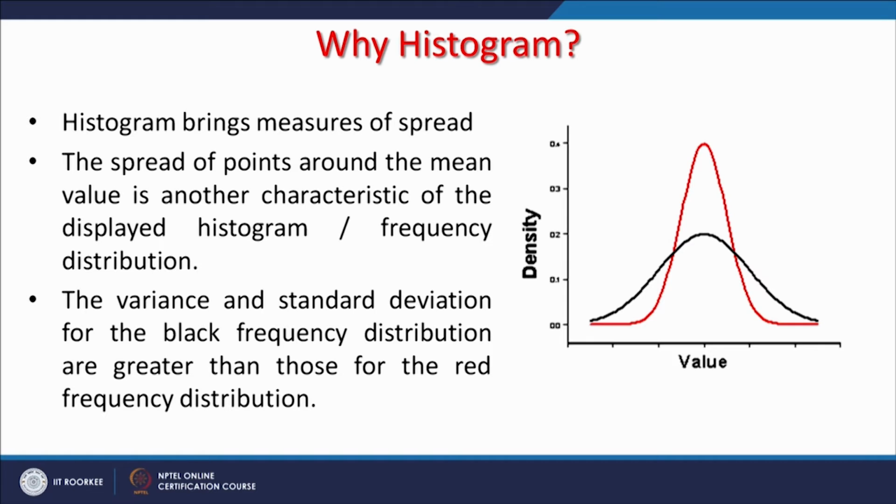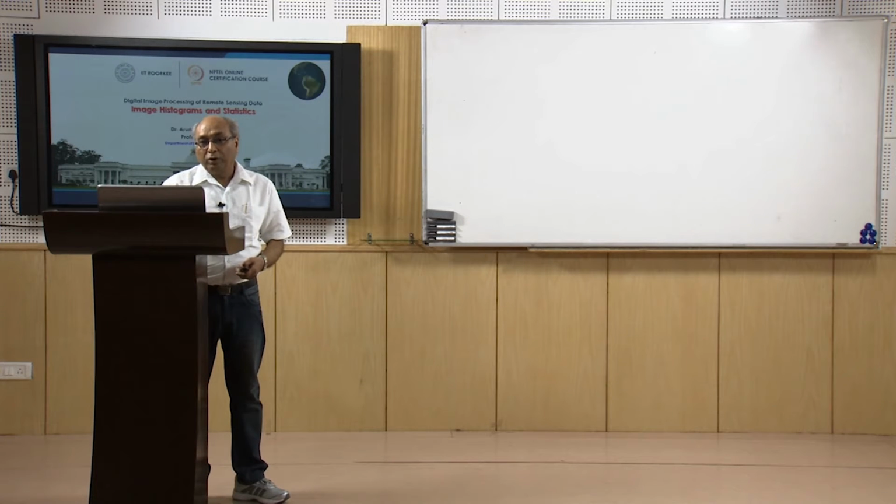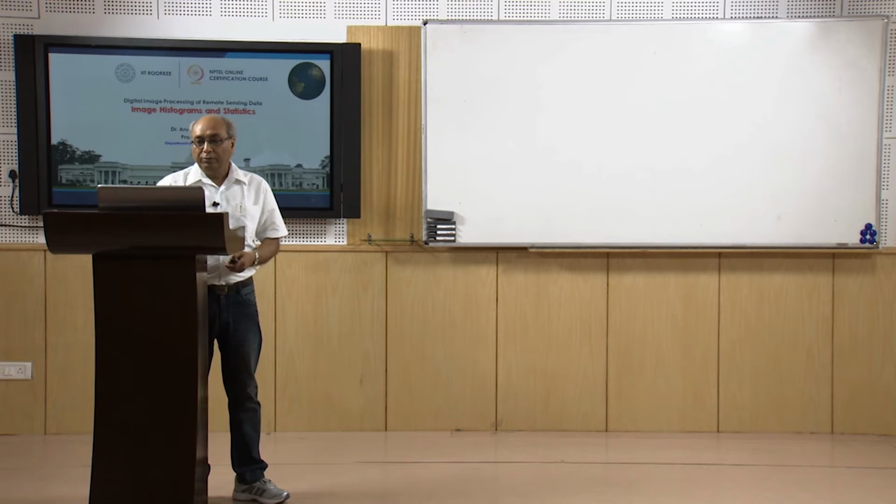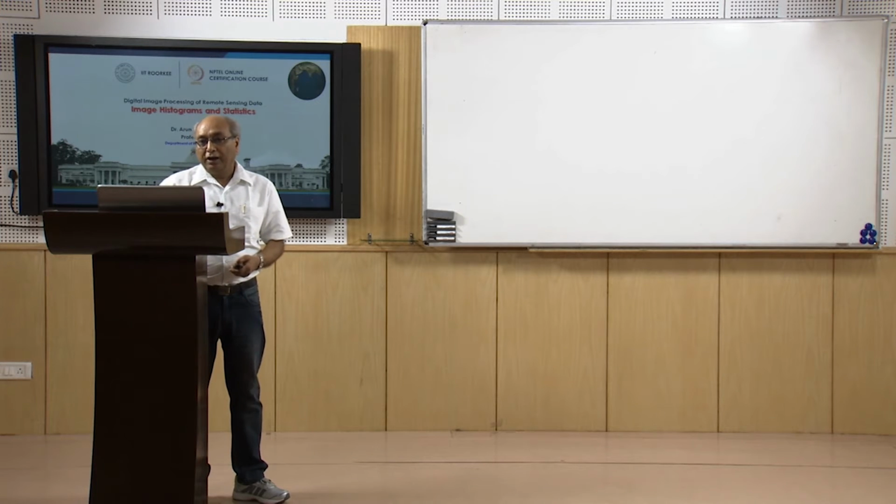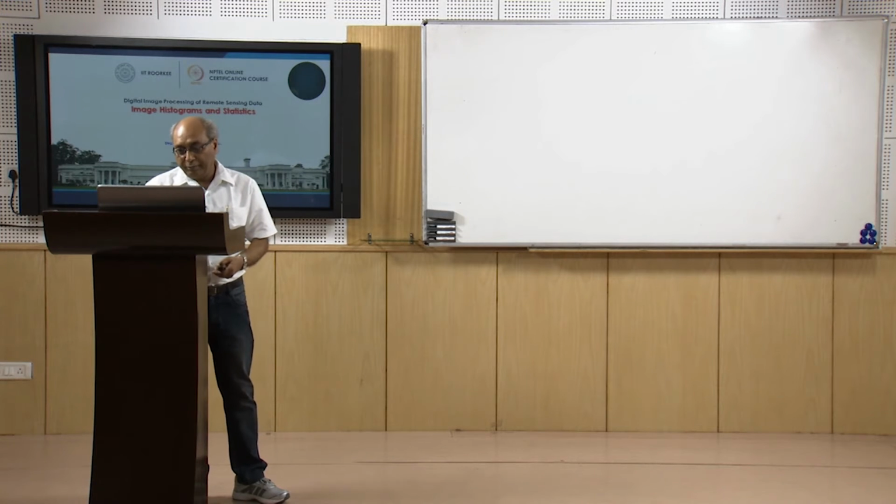The variance and standard deviation for the black frequency distribution as shown here are greater than those of the red frequency distribution. So just by looking at a histogram, a lot of statistics can be assessed about the image, and what image processing or enhancement technique has to be employed is going to be based on how the histogram looks for an image.